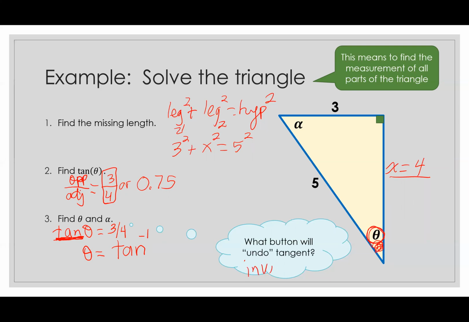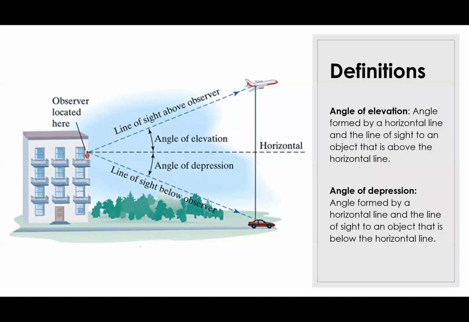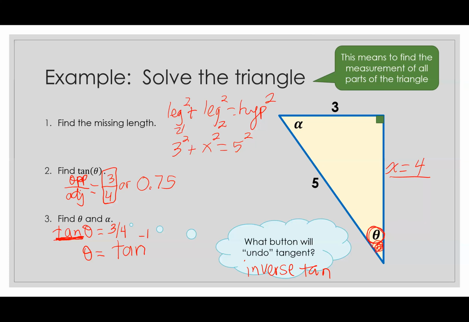We do inverse tangent. And that is tangent with the little exponent on top, but it's not an exponent. It denotes inverse tangent of 3/4, or 0.75 if you like to type in a decimal instead.